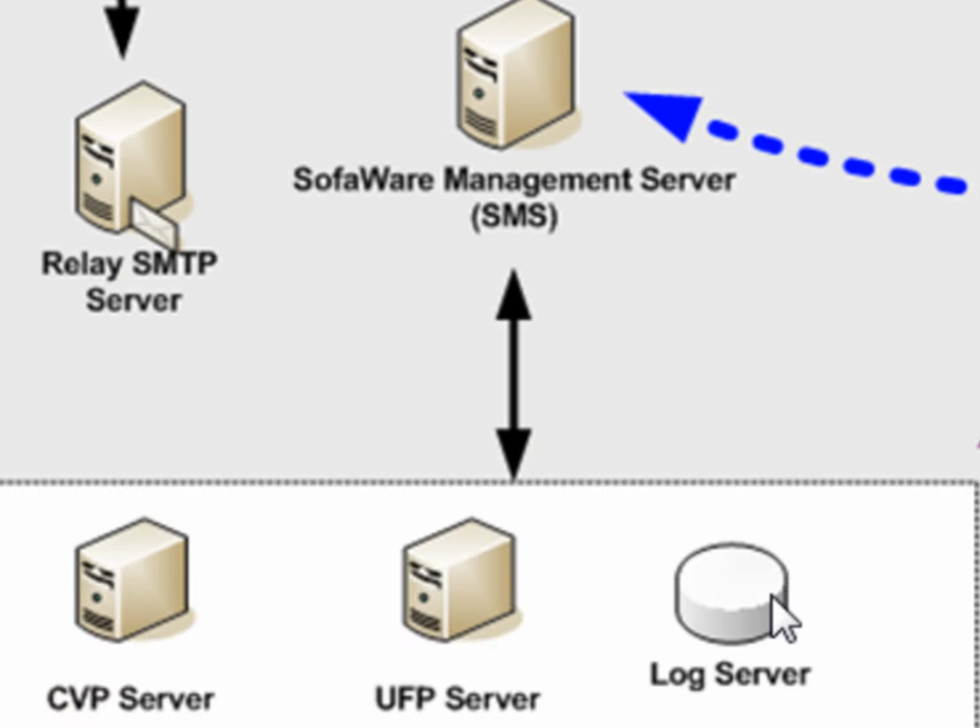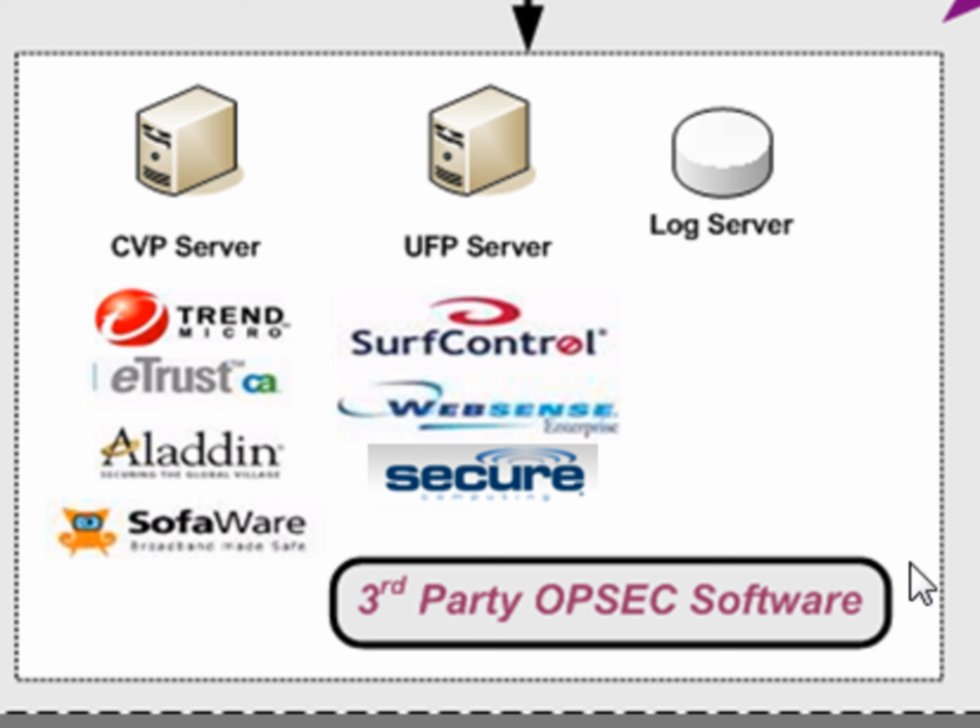On the bottom here, we can see the different types of vendors we can use in order to provide different types of services. For example, with the CVP server, which provides antivirus and anti-spam at the SMP level, and we will cover that on a couple of our next slides, we can use Trend, eTrust, Aladdin, and the homebrew software antivirus, which is based on Spam Assassin and ClamAV.